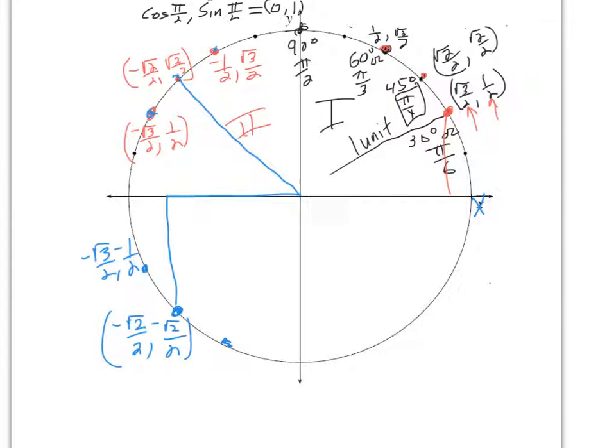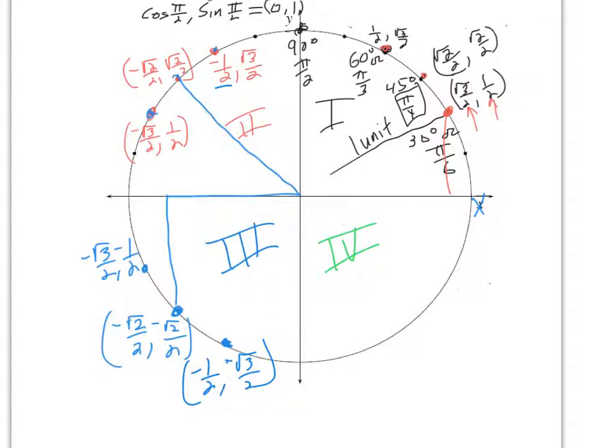And those coordinates, again, a negative 1/2 because we're going back, comma, but now we're also going down instead of up. So that's going to be then a negative square root 3 over 2. That's quadrant 3.